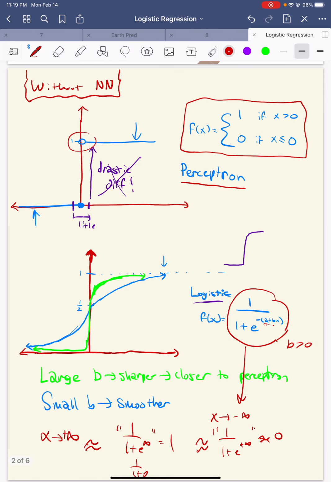Because remember that this is a hard decision for the perceptron. This says 0, 1. There's no fuzziness to it. But this gives me some fuzziness here. I'm not entirely sure whether it's 1 or 0, but I have a pretty good idea.